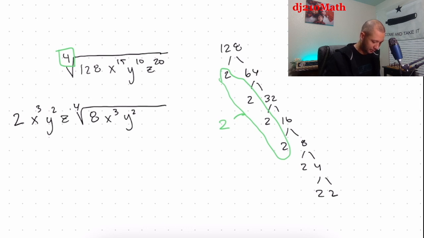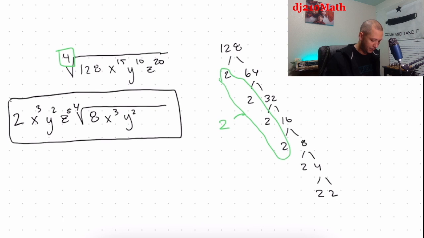That's just 5. So 2x cubed y squared z to the 5th, and the fourth root of 8 x cubed y squared.